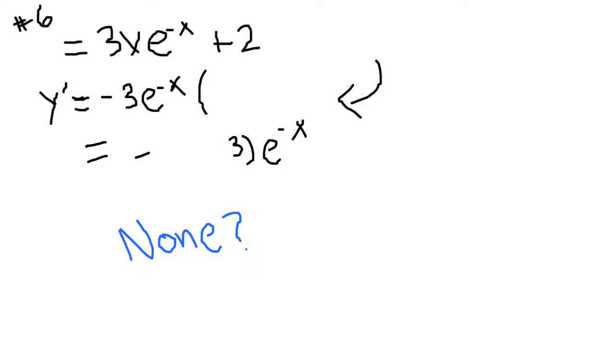Alright, so number 6 is kind of funny, and number 7 I need some more time with. So number 6, I want you to check with your teacher. When you take the derivative of that function and then plug in 1, none of the answers reflect what that is. So maybe it was just a typo on her part or something, but I'd like you to ask your teacher about number 6.